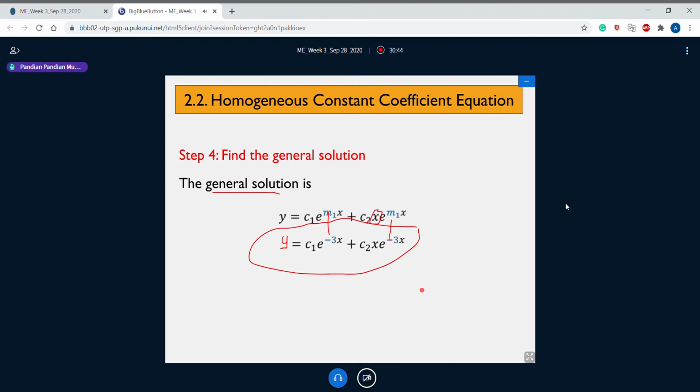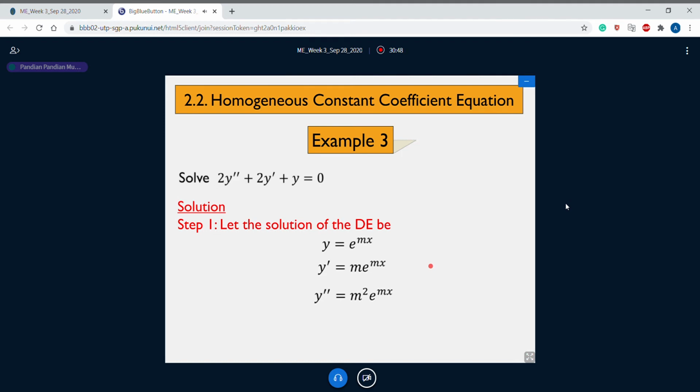Now, example 3: 2y'' + 2y' + y = 0. This is homogeneous because your g(x) is 0.